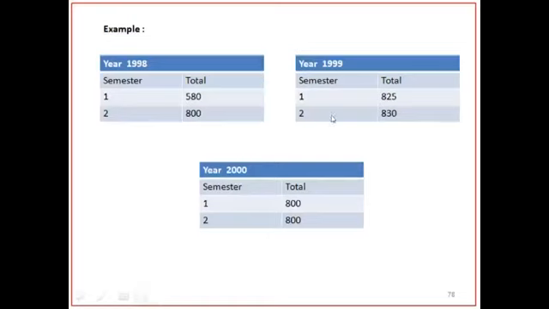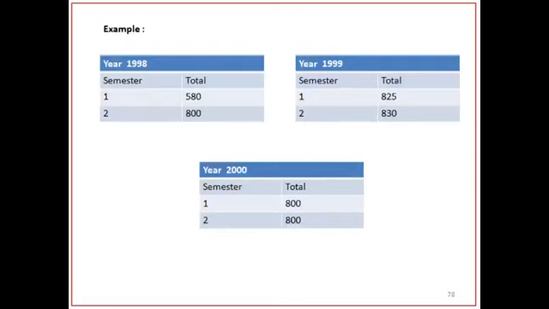In the first semester 825 students, in the second semester 830 students. In the year 2000, in the first semester 800 students, and in the same year second semester also 800 students are available. So if you want to know the semester wise students, these data sets are really useful.